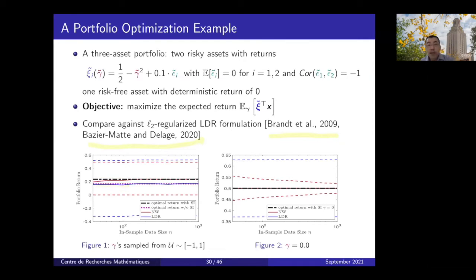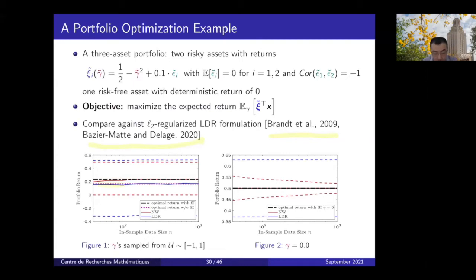The left figure shows that the out of sample returns for our regularization scheme quickly converge to the true optimal expected returns. In addition, it clearly outperforms the linear decision rule formulation, which essentially obtains the same average out of sample returns as a decision maker who does not consider the side information when making his investments.